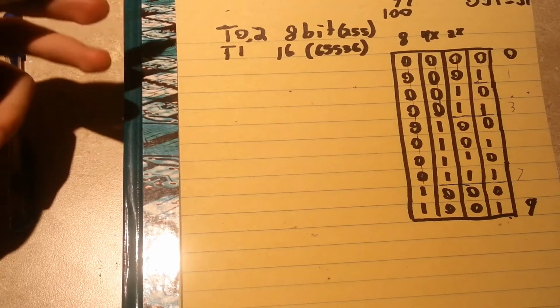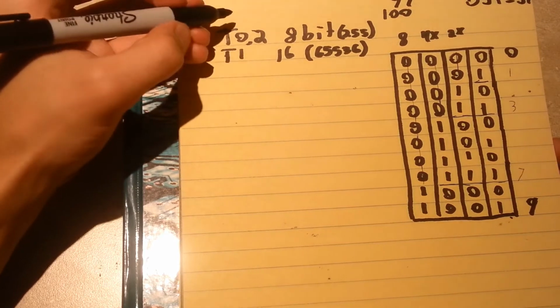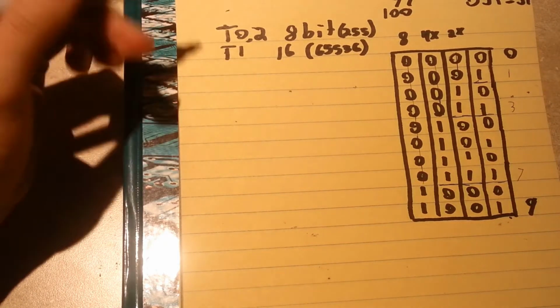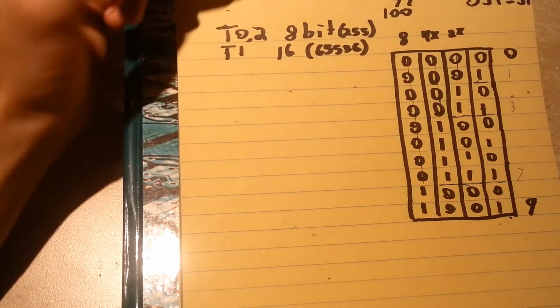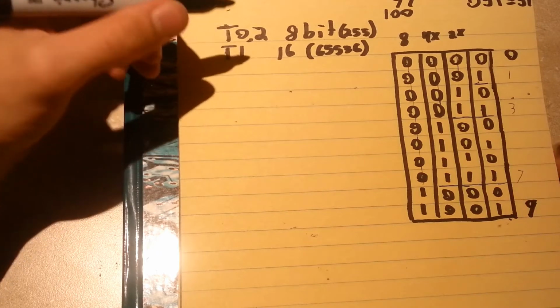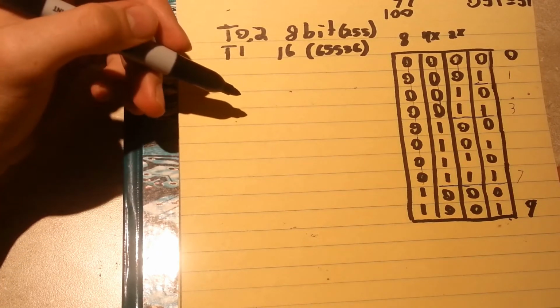Computers start counting at 0, and that's why we subtract 1. For simplicity, I'm going to be working with timer 0 for our demonstrations. The timer will increment on every clock cycle.